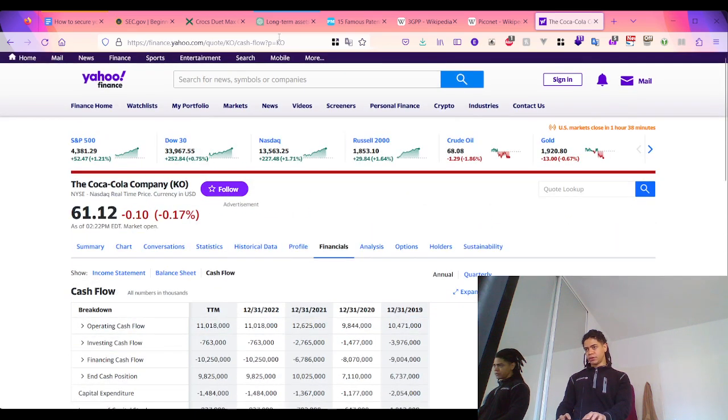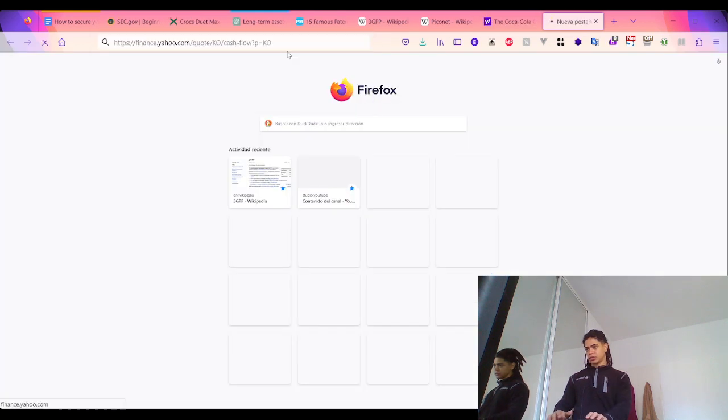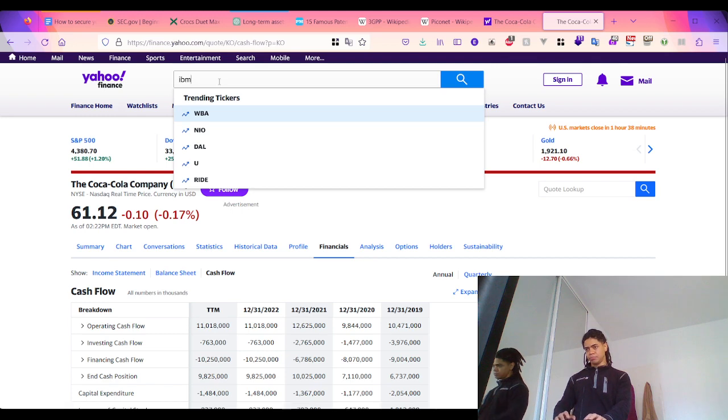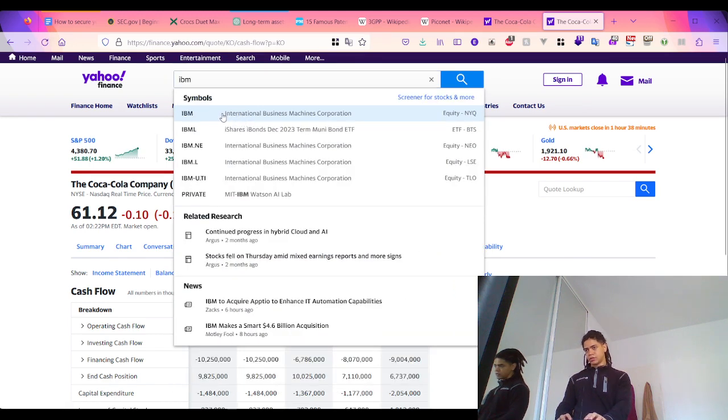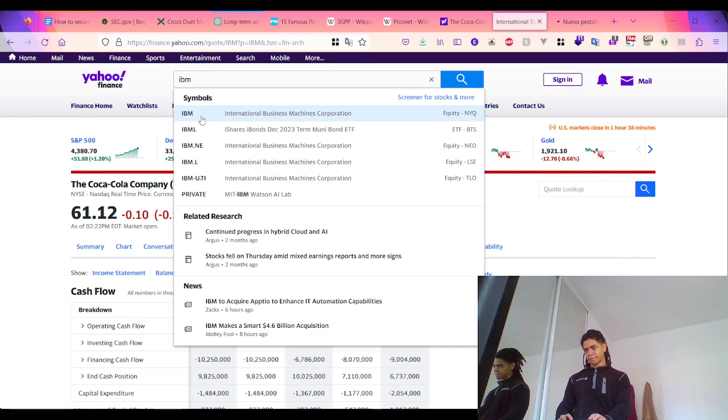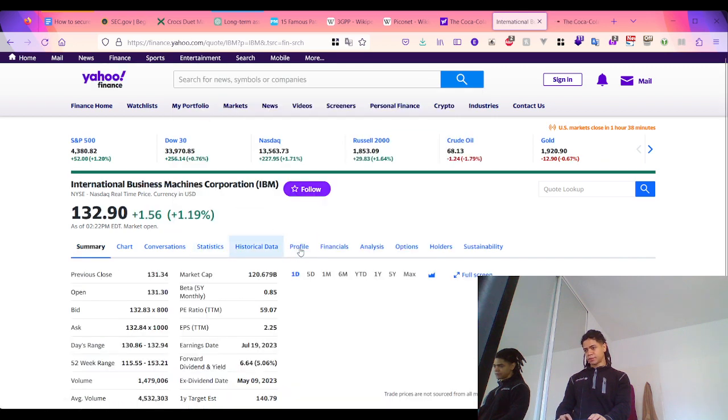So now if you compare this with, for example, IBM, another technology company, please take a look at the financials.